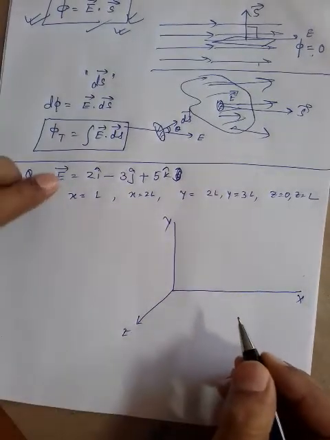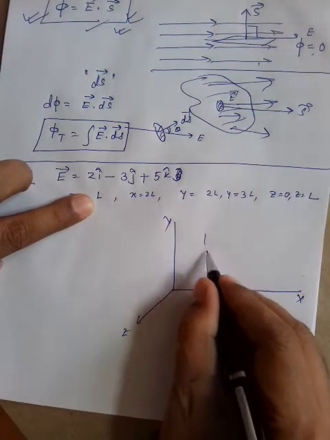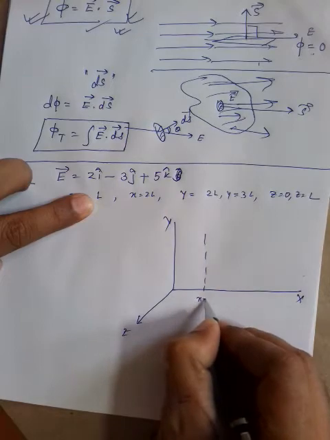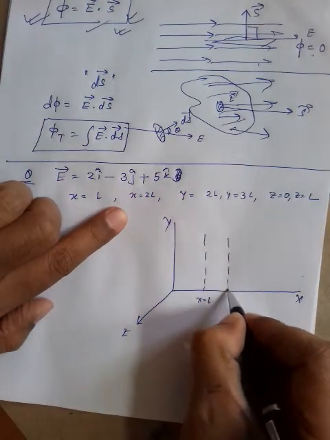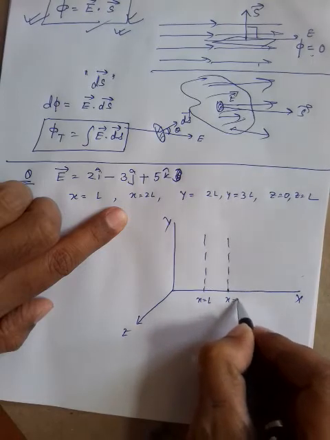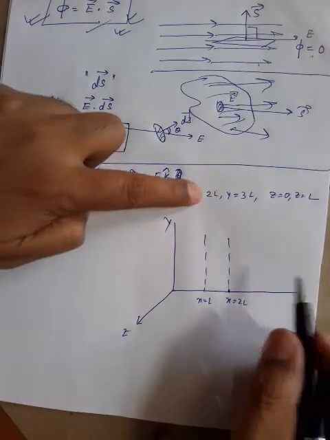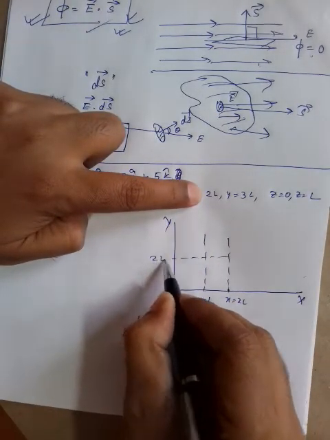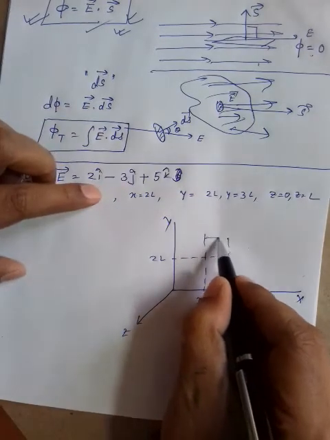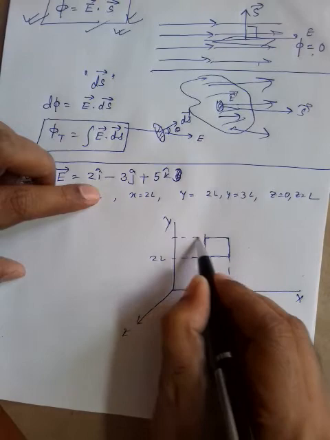Look, the cube starts from x equal to L, so not starting from x equal to 0, starting from x equal to L. And the cube ends at x equal to twice L. So it is present from x equal to L to twice L. But not present from y equal to 0, present from y equal to twice L up to y equal to thrice L. So the base of the cube, we get it like this.